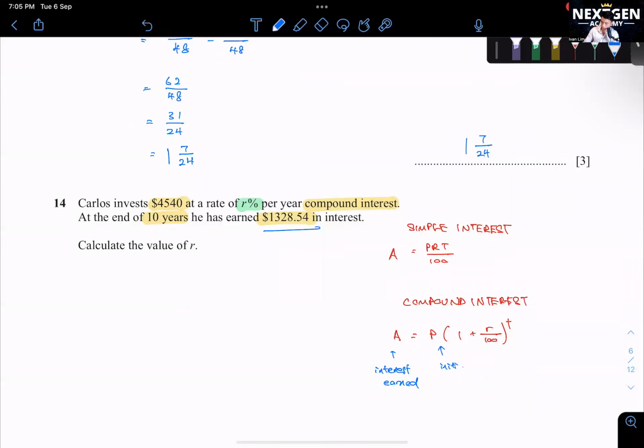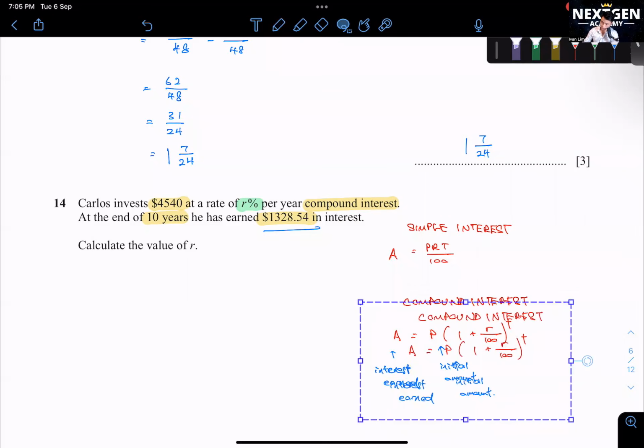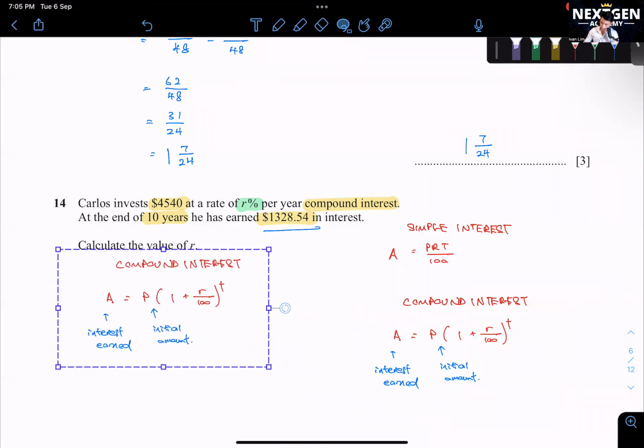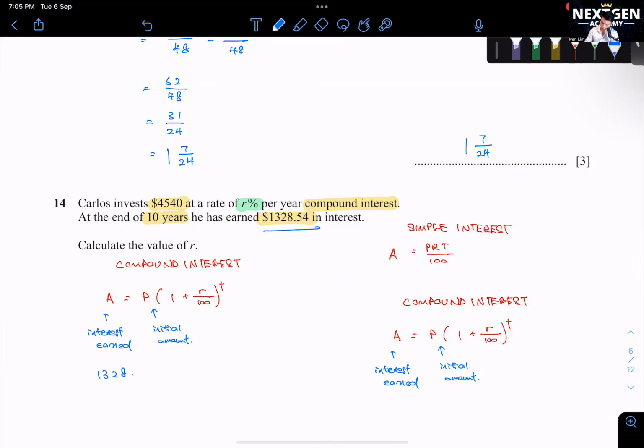The reason they write it as P is because of price. So we just need to use this formula. So 1328.54 equals initial amount 4540, 1 plus R over 100, to the power of 10 for 10 years.